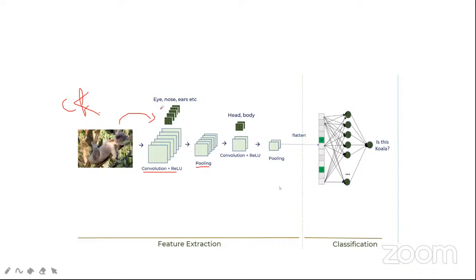This convolution layer will have more features like eyes, etc. Then I am passing it into the pooling layer. The pooling layer will take some important data, then it will give it to the next convolution layer. Again, the next convolution layer works on the head and body, then it will move on to the pooling layer. Okay, so that is the use of this method.